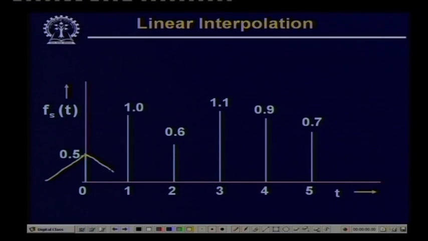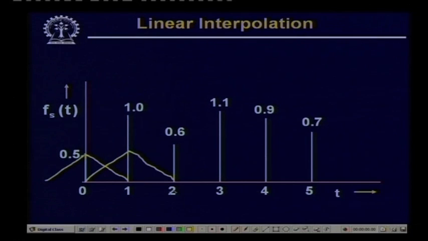From minus 1 to 0, this increases linearly, attains a value of 1 at t equal to 0. Similarly, when I consider the contribution of P 1, the corresponding B-spline interpolation function that I have to consider is B 0 to t, which is something like this.